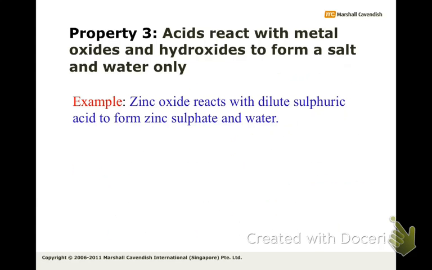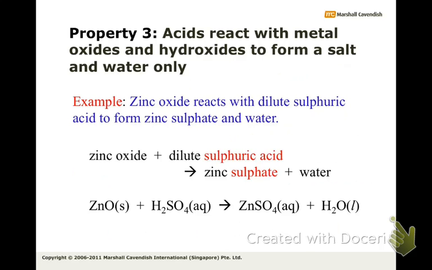Property number 3, your acids will react with metal oxides and metal hydroxides to form salt and water only. Again, bear in mind metal oxides and metal hydroxides are bases. So let's say zinc oxide, when you react it with dilute sulfuric acid, again you will form zinc sulfate and water. Now for this reaction only, it does not give you any gas.